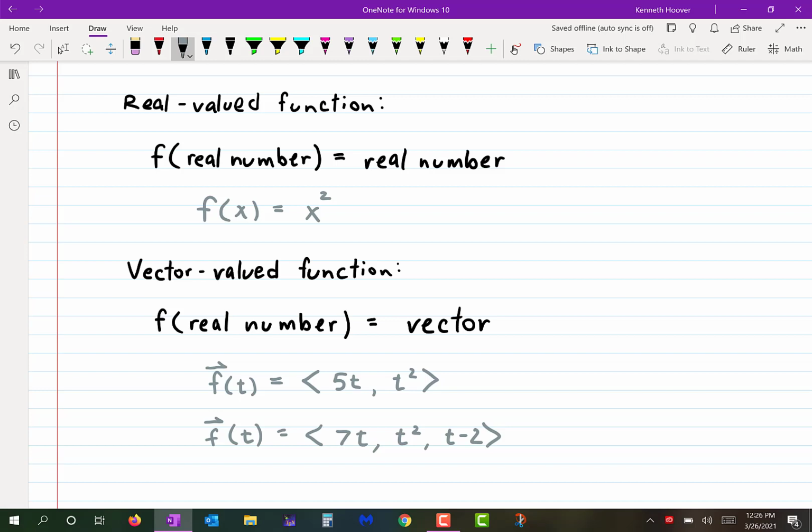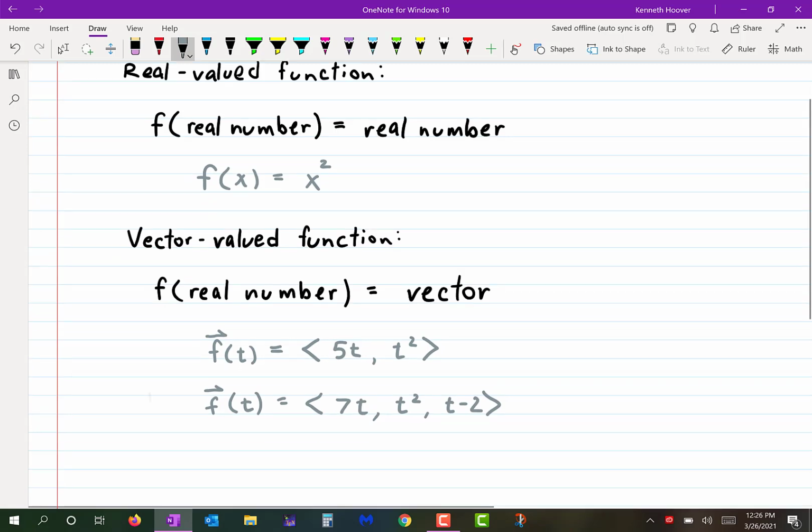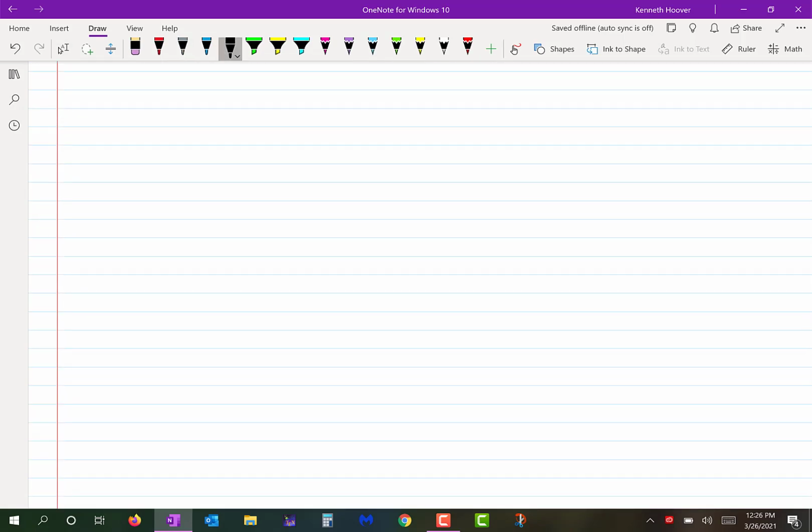You can also have a three-dimensional vector-valued function. All right, now, there's something you have to be a little bit careful about when it comes to graphing. Suppose r of t equals the vector t squared, comma, t squared plus t minus 1.